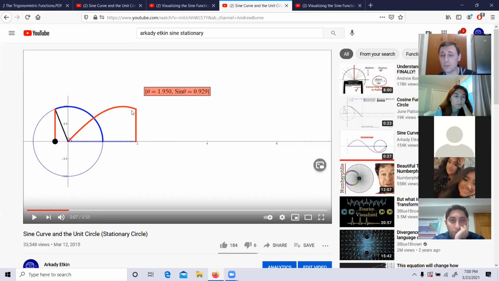If I do that at every point, I will generate the graph of sine. At this moment, the angle theta is 1.95, which means this arc is almost 2 radius lengths, almost the same size as the diameter, and sine for that particular value is about 93% of the radius.